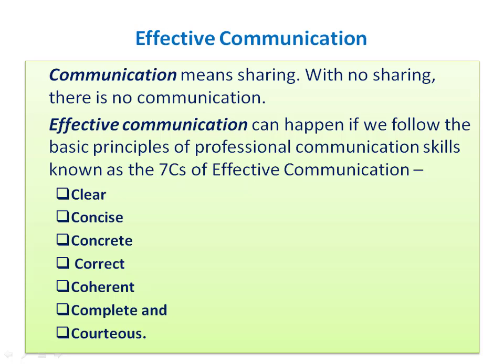Also, we have studied in the previous session about effective communication. Effective communication can happen if we follow the basic principles of professional communication skills, known as the 7 C's of effective communication. We have studied the 7 C's and seen what role they play.